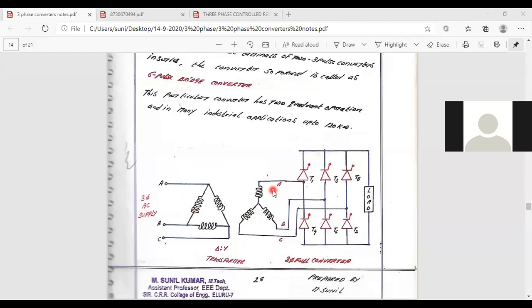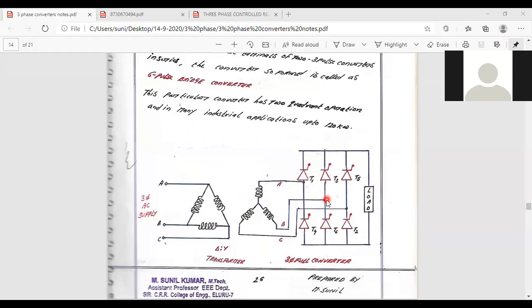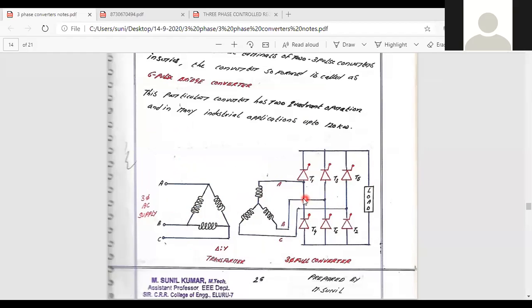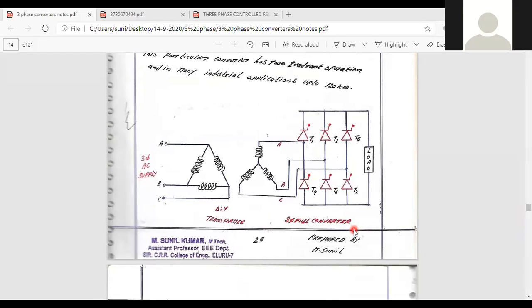The transformer connection is not needed there, but whenever high power applications are considered, this transformer configuration is to be represented. Is it completed?